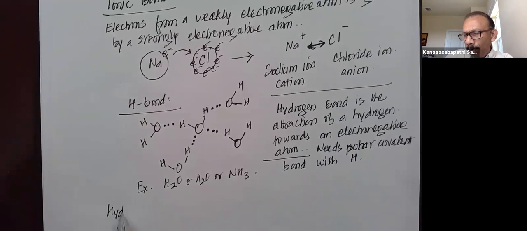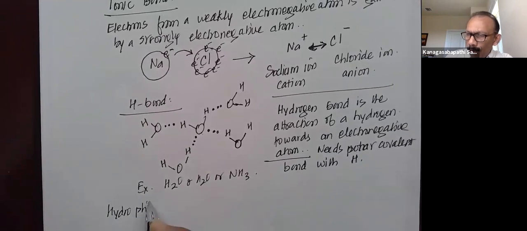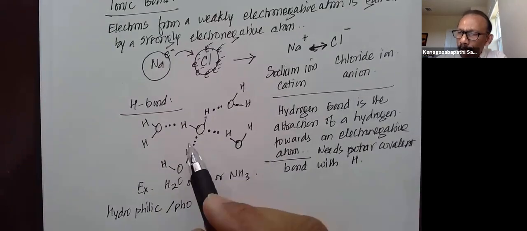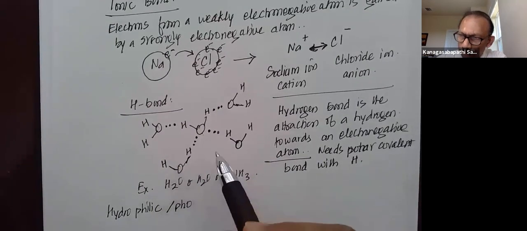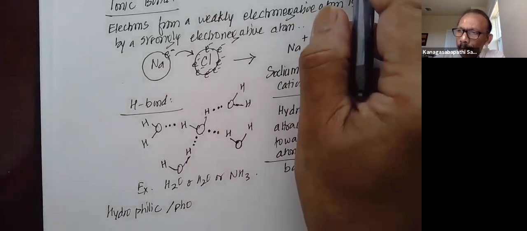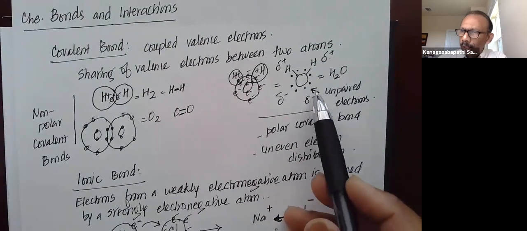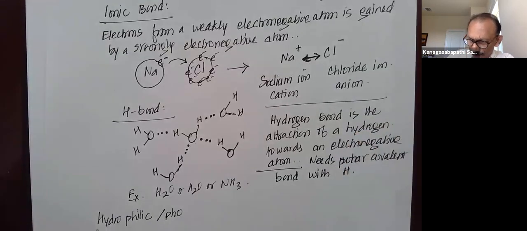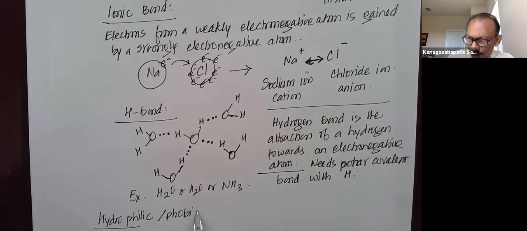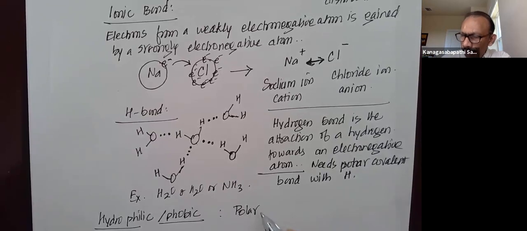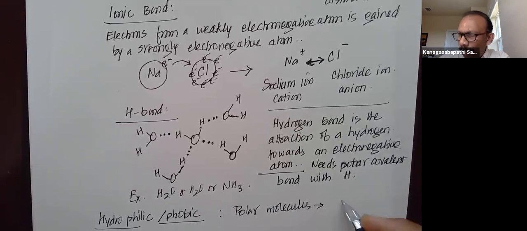So hydrophilic and hydrophobic. In chemistry, when you read this, they will call everything a dipole attraction. A negative, positive, that's a dipole. Positive, negative here, this is a dipole. So dipole attraction is what they call hydrophilic, hydrogen, and so on. Polar molecules tend to be hydrophilic.